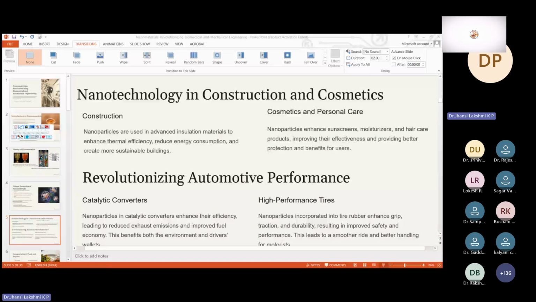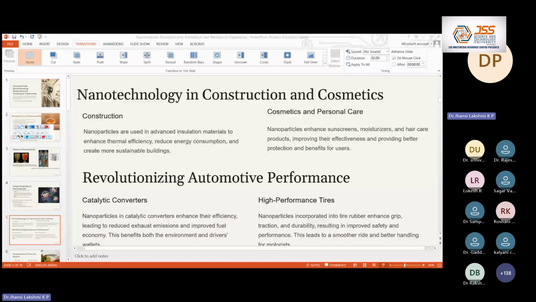In the same way, because so much material is on the surface, surface and interface forces become dominant. Because of these unique properties, nanoparticles are increasingly found in a wide range of commercial products in various sectors like the construction sector.